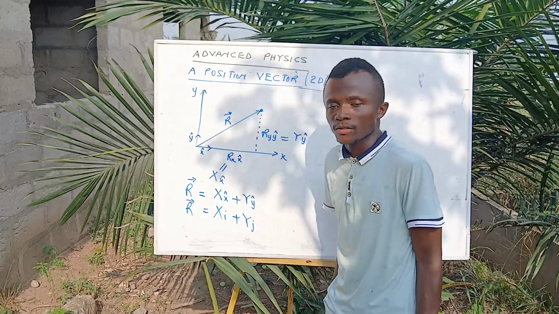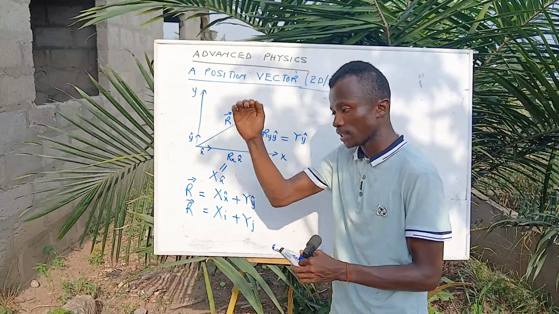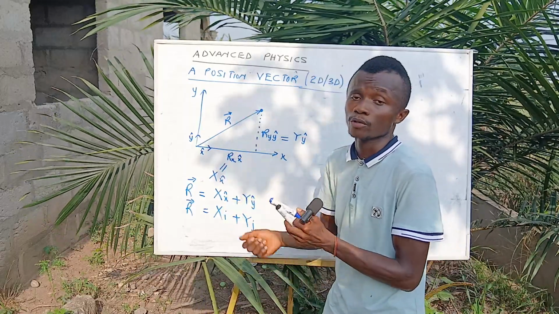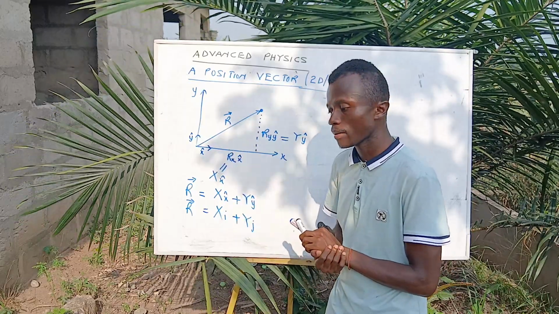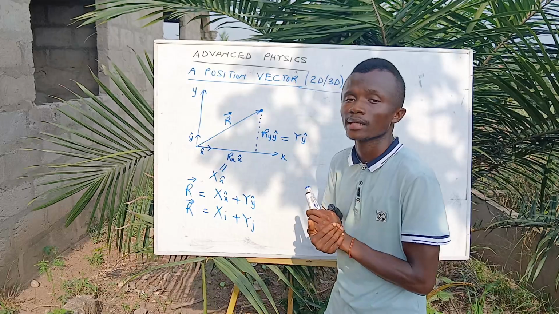Now, in one-dimensional space, the derivative of the position was equal to the velocity, and the derivative of the velocity was equal to acceleration. Now, can we mimic that in 2D? Let's see.